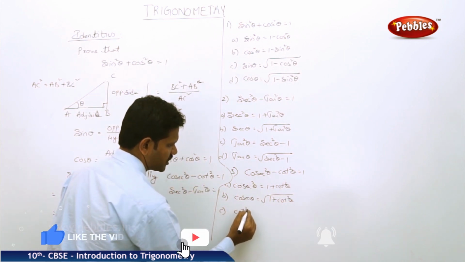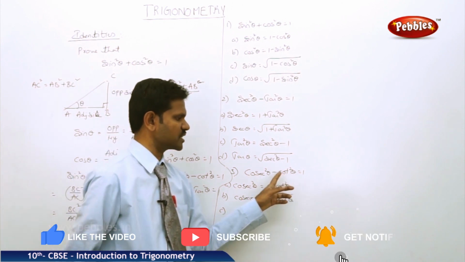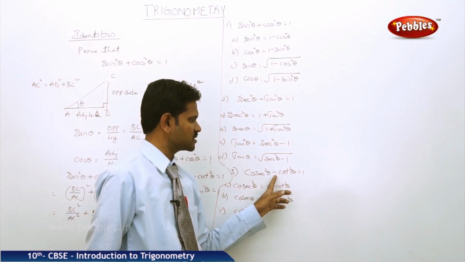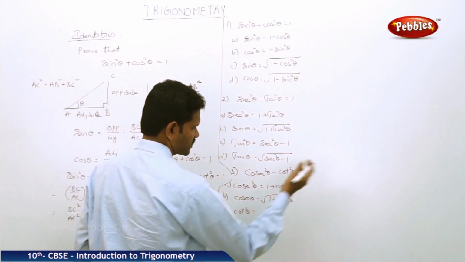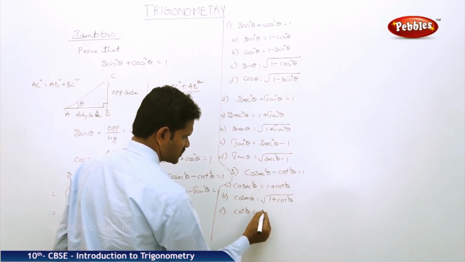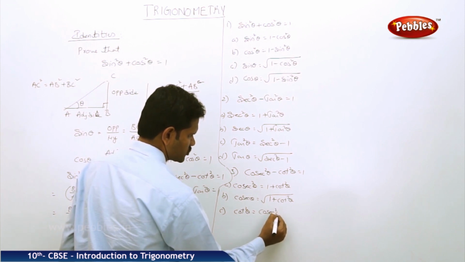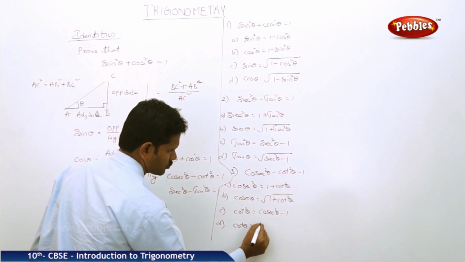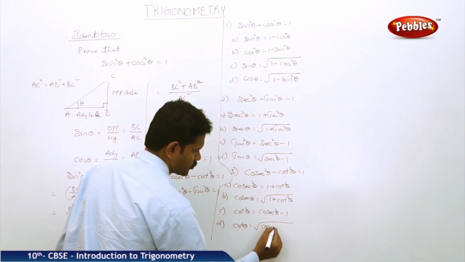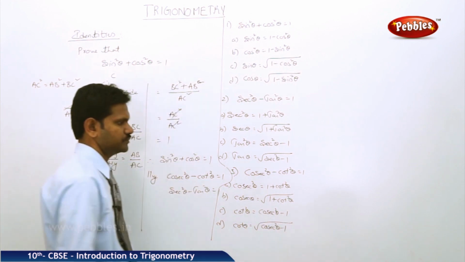Next, cot square theta is equal to, here cot square has a negative sign, that's why shift to the other side. Therefore cot square theta is nothing but cosecant square theta minus 1. Cot theta is equal to root over cosecant square theta minus 1.